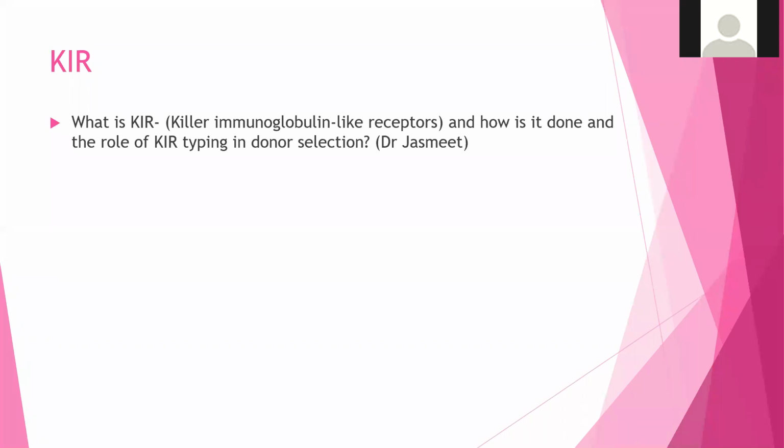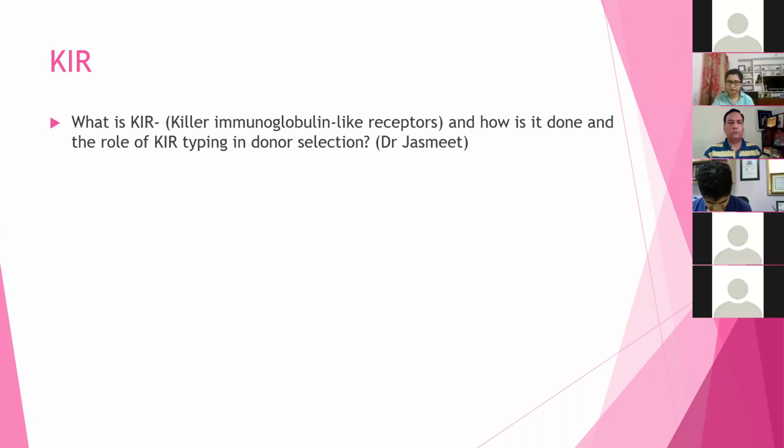can be briefly divided into the activating or the inhibitory KIRs. And the concept of KIR that is important here is that they recognize the missing self antigen. A KIR will recognize a ligand which is on HLA class 1.